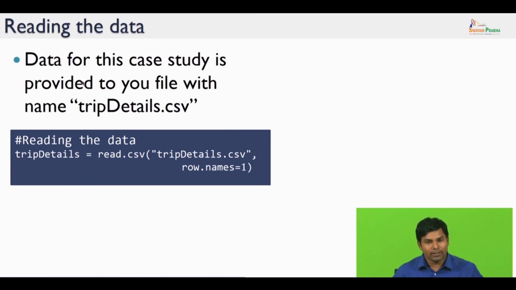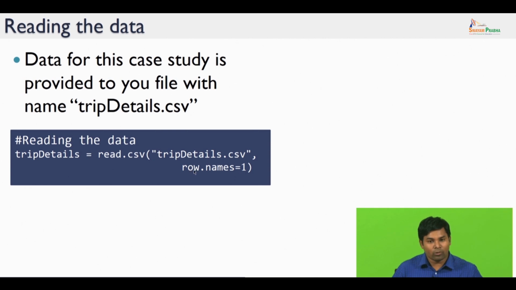The data from this tripdetails.csv can be read by executing the following command here. I am using the read.csv command and I am trying to read the data from tripdetails.csv, and I know that in the first column of the CSV file I have the row names.